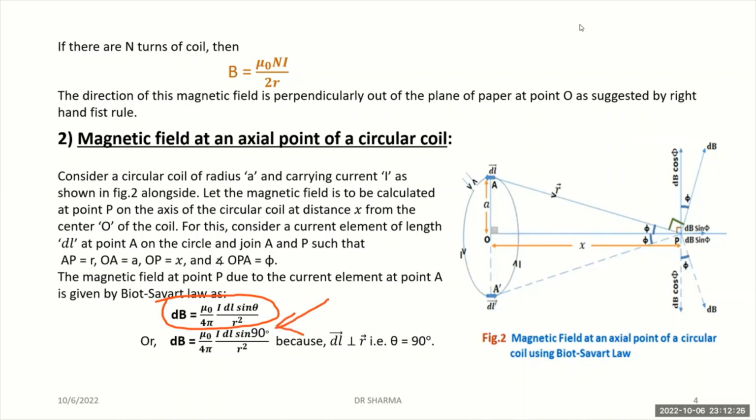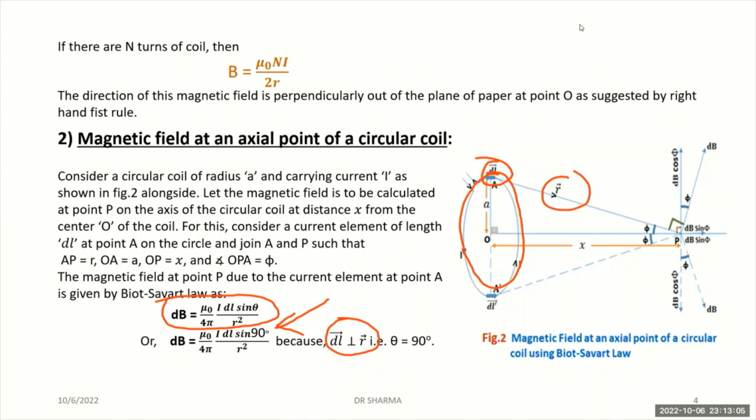Remember that dl is perpendicular to r because this r is parallel to the plane of our screen, and the plane of the coil is perpendicular to the plane of our screen, and dl is parallel to the plane of the coil, so dl is always perpendicular to r vector at every point on the circumference wherever you take.